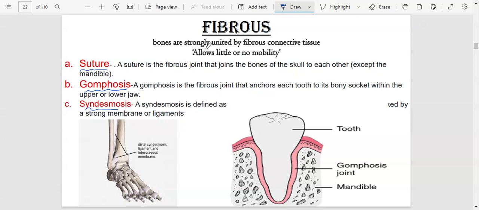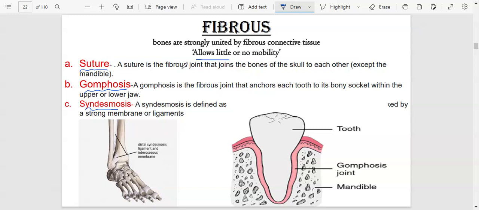So we said joints which do not allow movements are going to be called synarthrosis. So in this case, we can classify these types of fibrous joints as being synarthrosis because they allow no movement. But if they allow little movement, then that is going to be classified as amphiarthrosis.